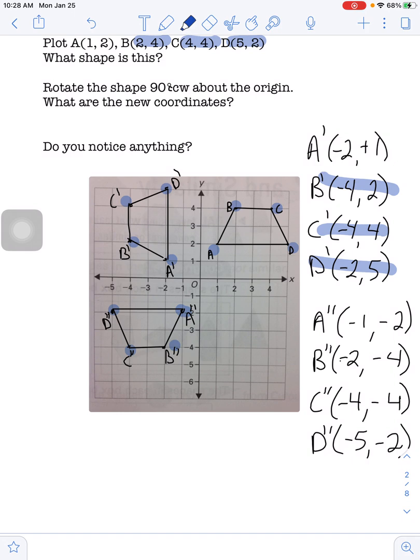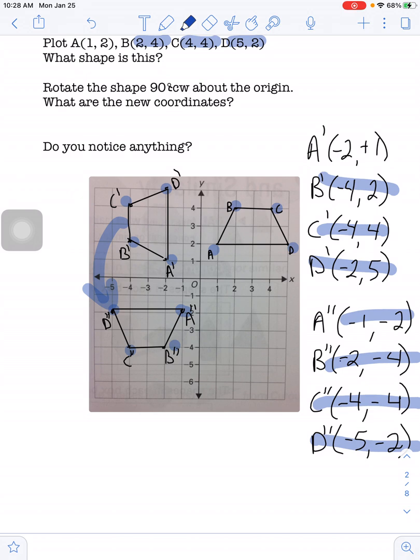To find the coordinates, we can go from here to here and use the same pattern. Flip the numbers, and the x value becomes the opposite integer. So now it's going to change to negative 1, negative 2 for A double prime, negative 2, negative 4 for B double prime, negative 4, negative 4 for C double prime, and negative 5, negative 2 for D double prime.